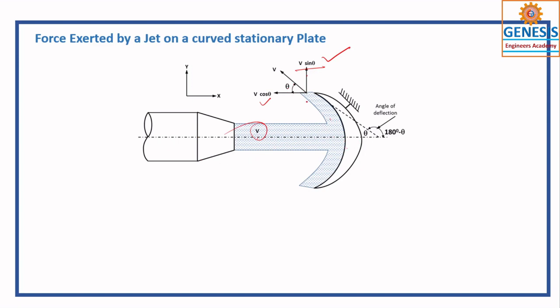The initial velocity is the velocity v with which it strikes, and after that it moves like this. We are taking things here in the horizontal manner when you want to calculate Fx, or otherwise vertical, that is Fy.